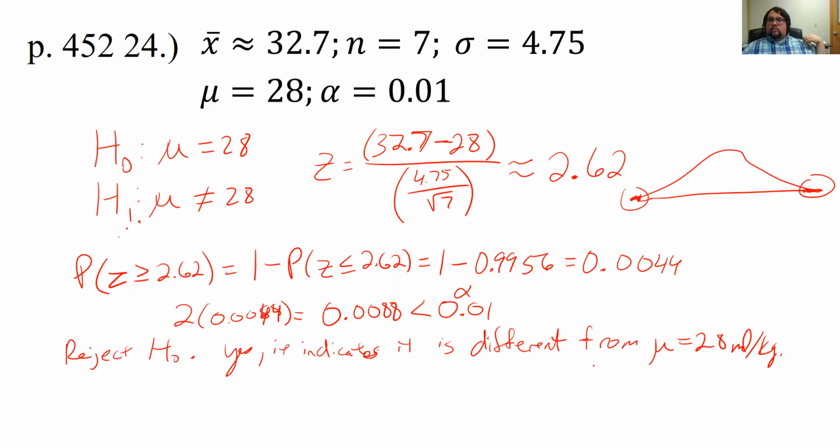Now we're not going to make the claim that it's higher, even though that's what it looks like. We're just going to say it doesn't look like it is that value.